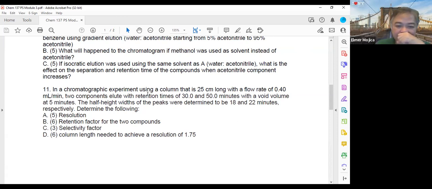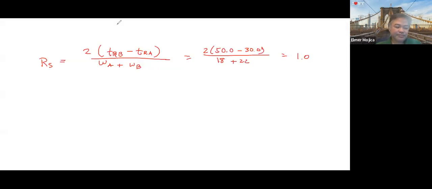Now let's go on to the next one. Retention factor for the two compounds. What is the formula? Anyone? Retention factor is usually K. So K of A is the retention time of A minus the mobile phase or the void volume, over the void volume.